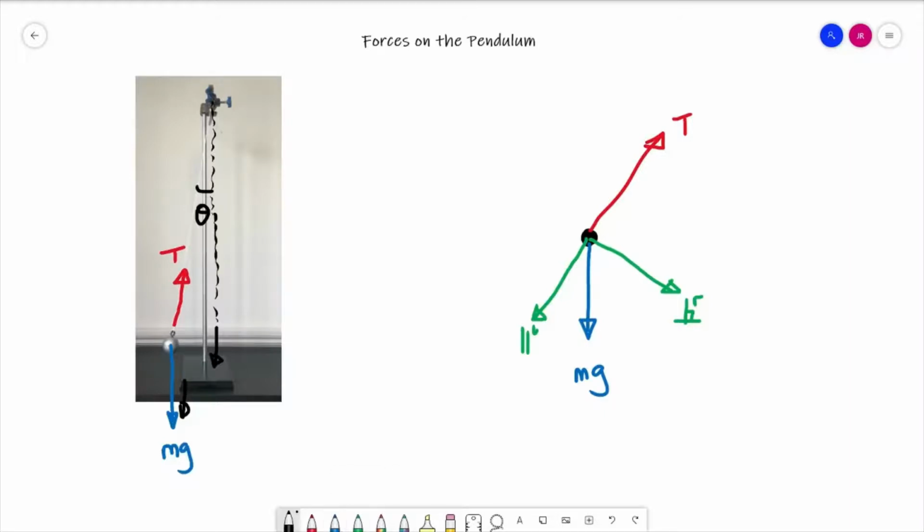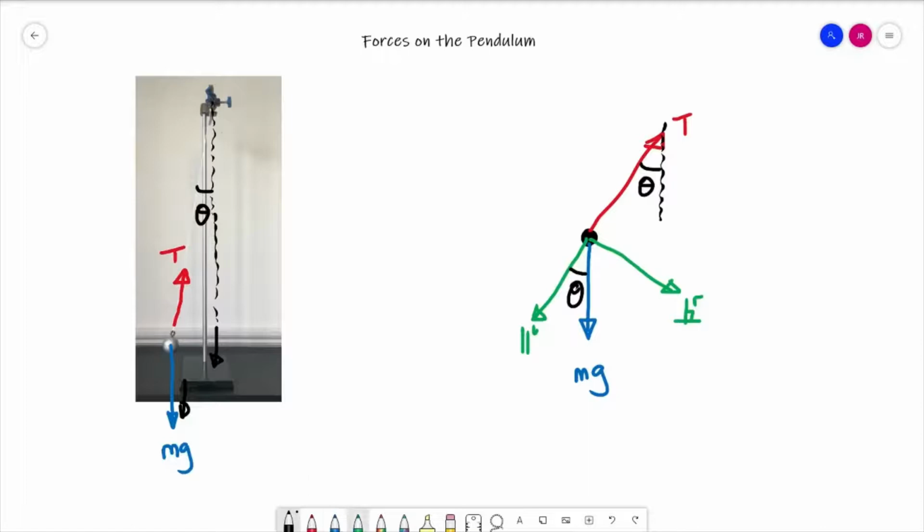The parallel component, by definition, is parallel to the string, and therefore the dotted line and the tension with the angle of theta is exactly the same as the weight acting straight down and the parallel component, and therefore there is our angle theta.